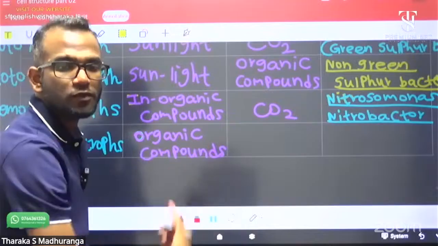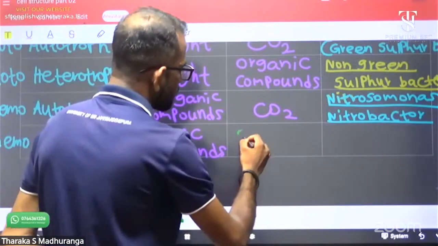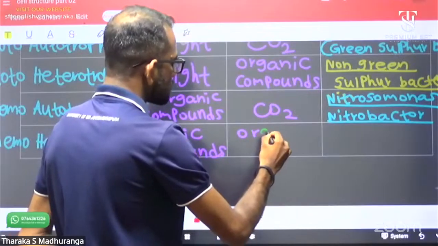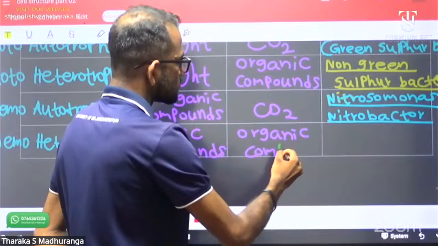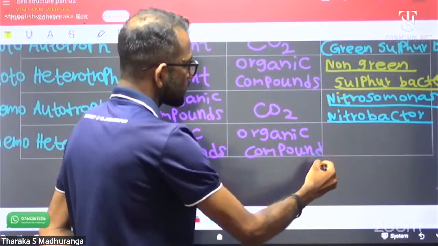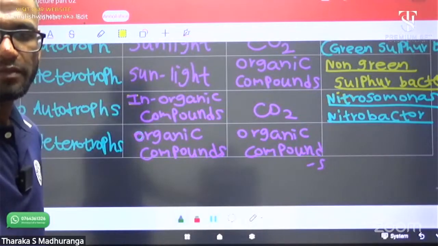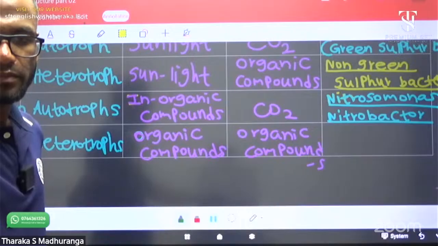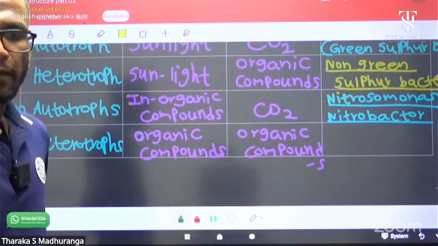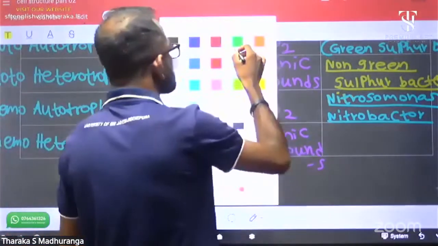What is our carbon source? Where do we get carbon from? Carbon also, not carbon dioxide, organic compounds. Hurry, complete the table. Then what are the examples?